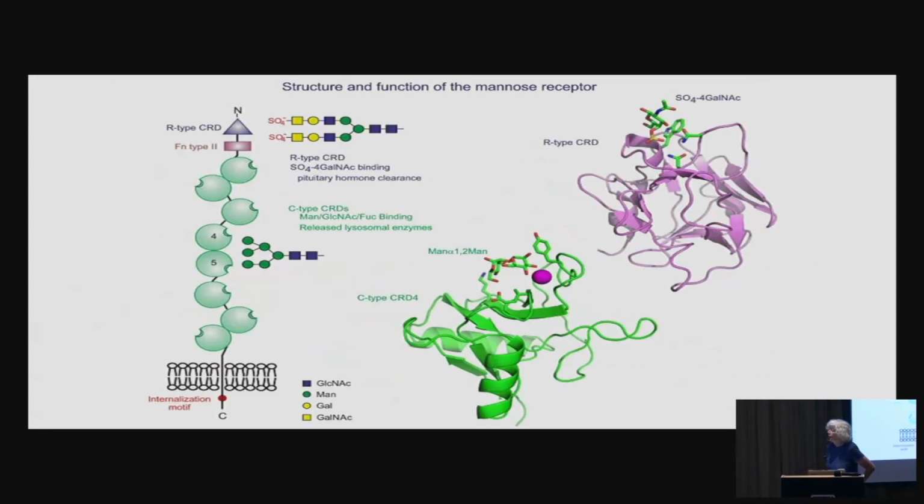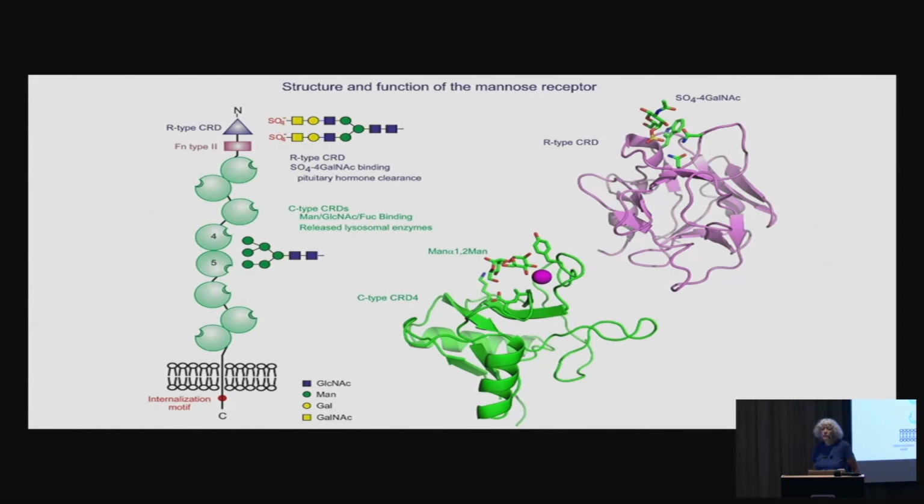This is a very interesting receptor because it has two types of carbohydrate recognition domain. It has 8 C-type carbohydrate recognition domains which bind mannose. Only one of them seems to be very important, that's this one, number 4.